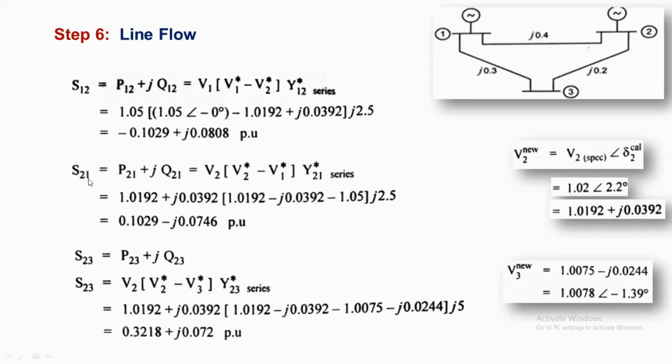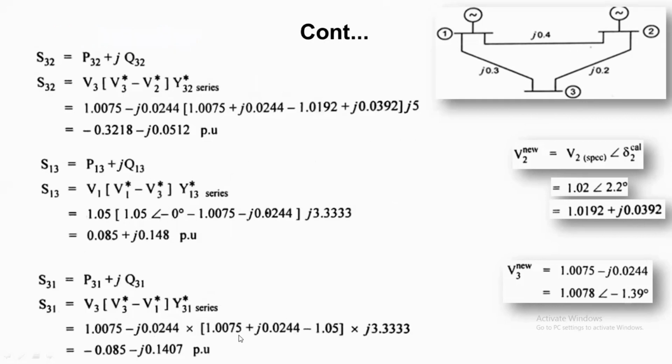This one is S21. Add these two values, you get the loss. Then the second line, that is 2 to 3. Add S23 plus S32. This is S23, then this one is S32. Add these two, you get this line loss.